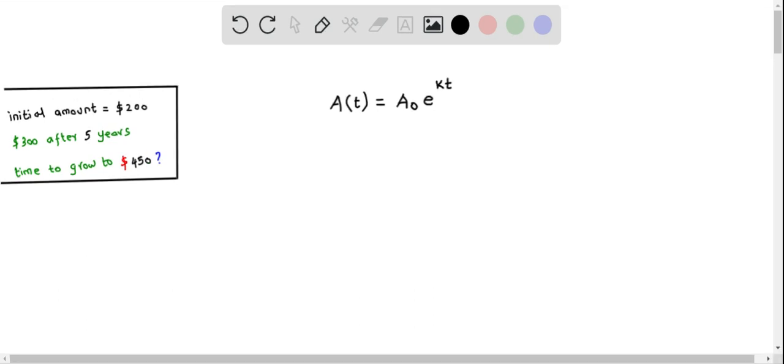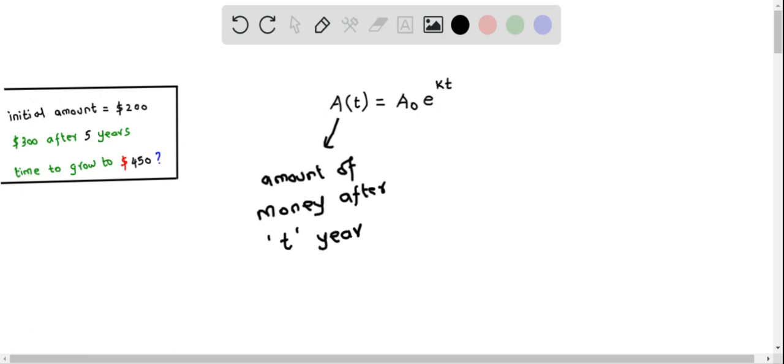We are given this function A of t, which represents the amount of money in the account after t years. This is given as A naught.